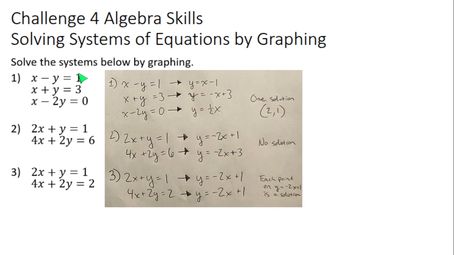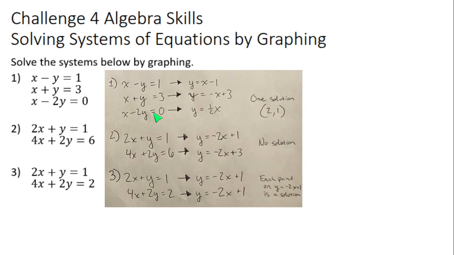For problem number 1, we have a 3-equation system. Now, there are many ways a 3-equation system could go, but you'll find this one's pretty tame. We're solving systems by graphing, so we need to graph this system of equations. We have these 3 equations right here, and I'm going to represent all of them in slope-intercept form. I'm going to solve each of the equations for y.